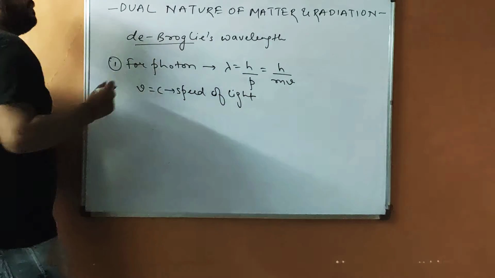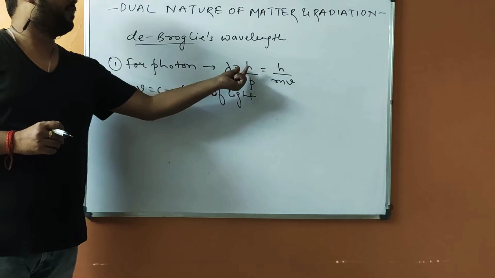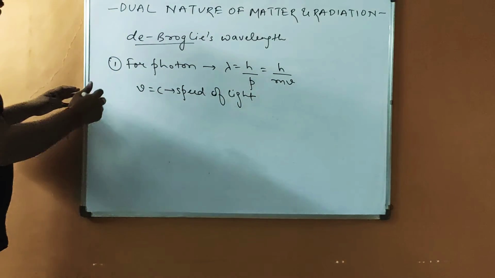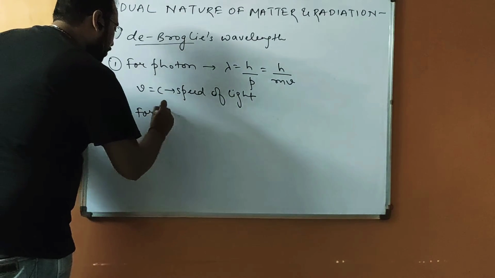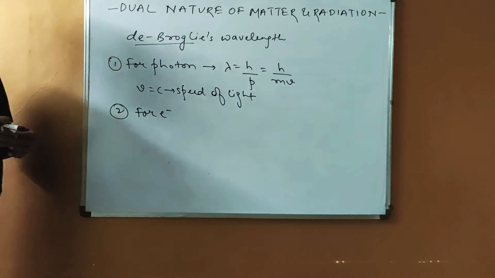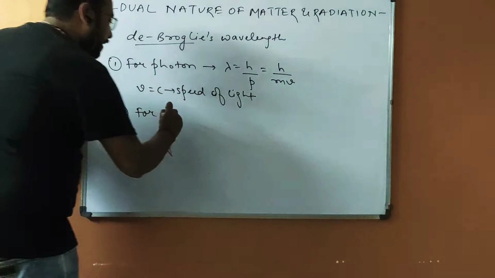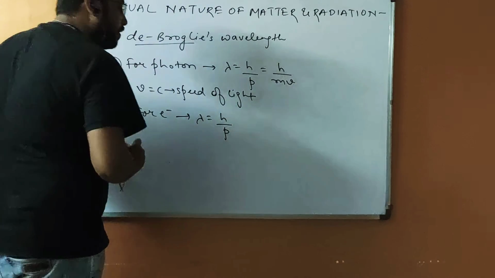But for electron we cannot use this formula, lambda is equals to h upon mv. See how the formula changes for electron. Because electron gets accelerated in the presence of accelerating potential. So for electron we can write, have a look, lambda is equals to h by p, right?